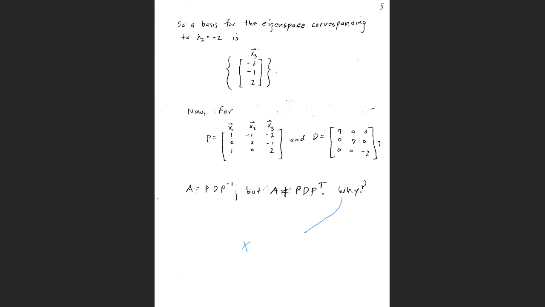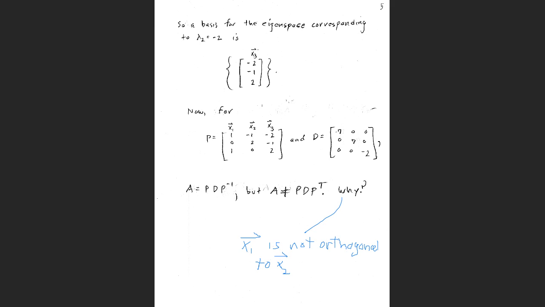It's because of several reasons, but X1 is just not orthogonal to X2. Those two eigenvectors in that eigenbasis are not orthogonal.